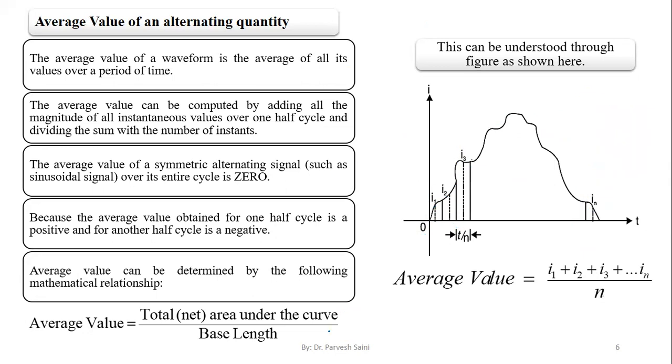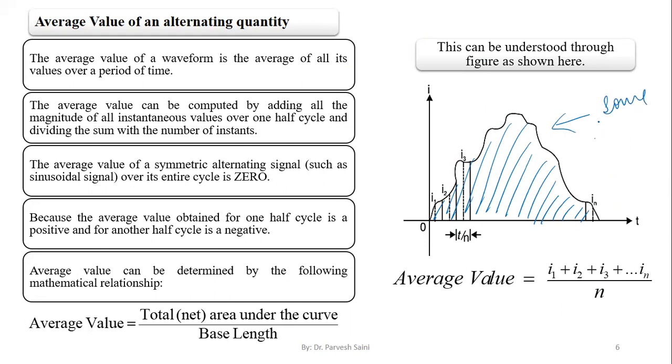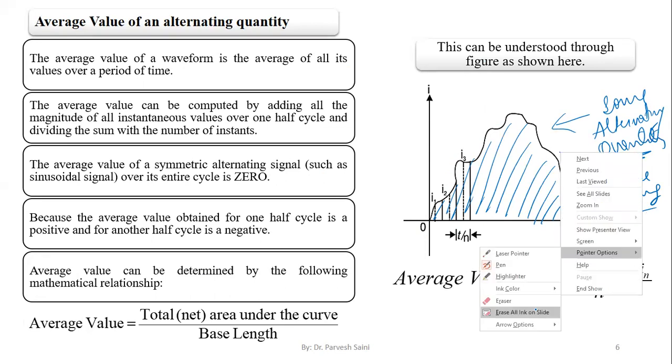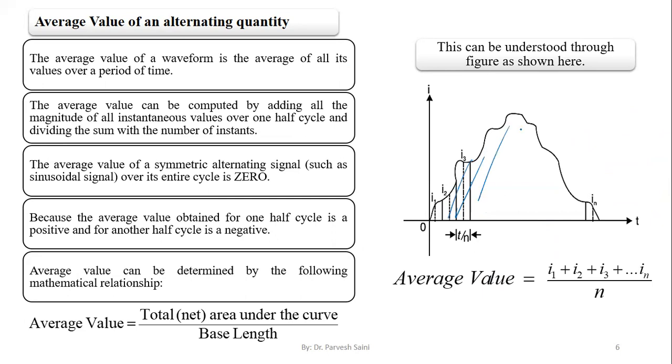Now let us understand the total area. If we can calculate the total area of this curve, which belongs to some alternating quantity, and an alternating quantity is time varying, varying with respect to time, and divide it with the base length, what is the base length?